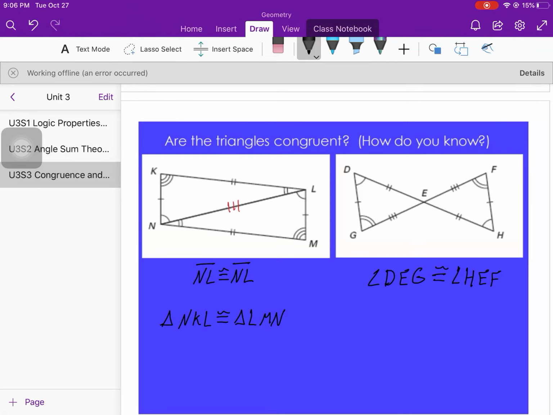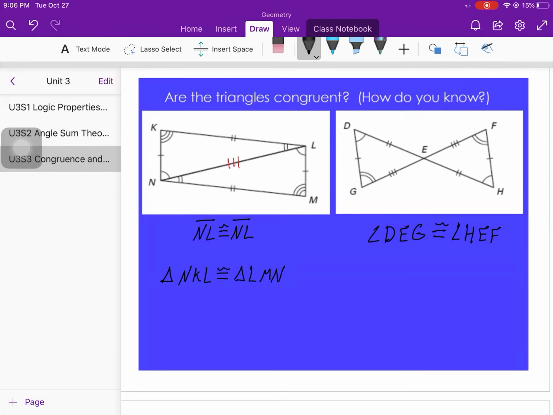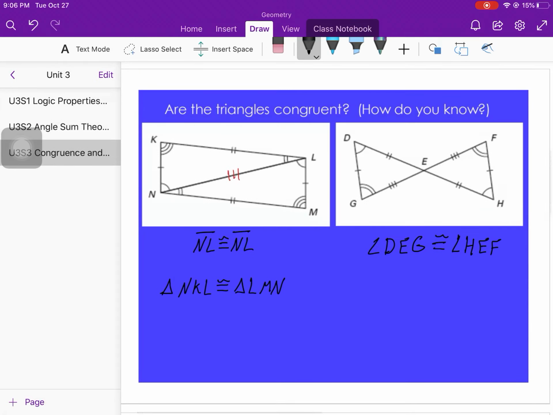Now those are congruent because of vertical angles. Okay, and then we can also now say, because we know that we have 3 congruent sides and 3 congruent angles, that triangle DEG is congruent with triangle HEF.